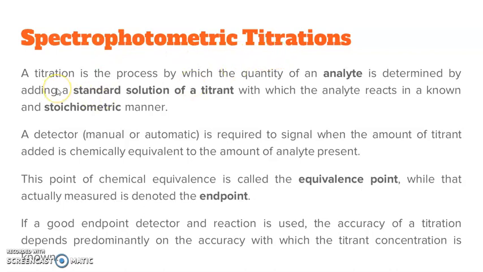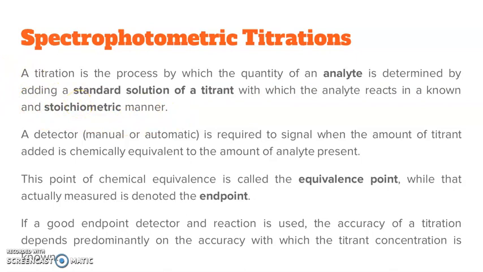Basically, the titration is a process by which the quantity of an analyte is determined by adding a standard solution known as titrant, with which the analyte reacts in a known and stoichiometric manner. That is the very basic definition of titrations.